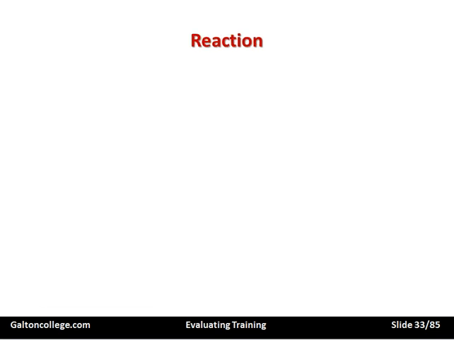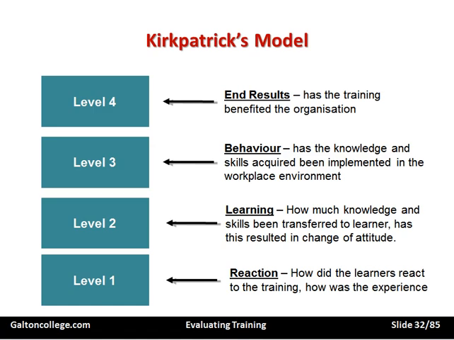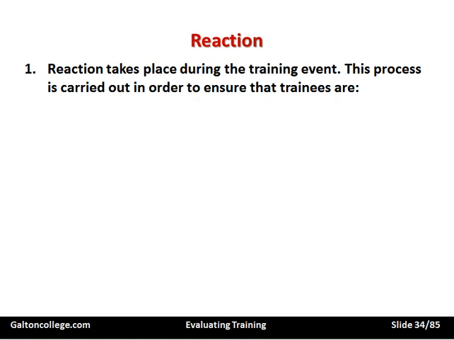Let's look at reaction for a moment. Reaction, you'll remember, we'll just go back to the first slide we had here. Reaction is the level 1. So let's talk about reaction. Now, reaction takes place during the training event. This process is carried out in order to ensure that trainees are comfortable with the training event. So the reaction may be a function of the environment.